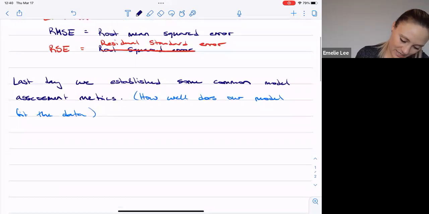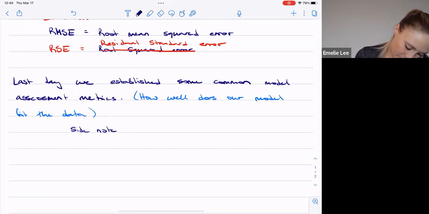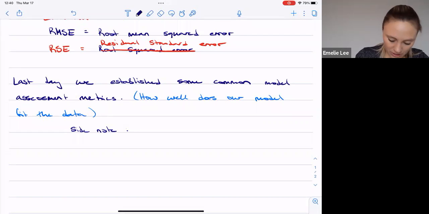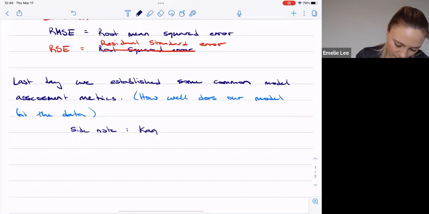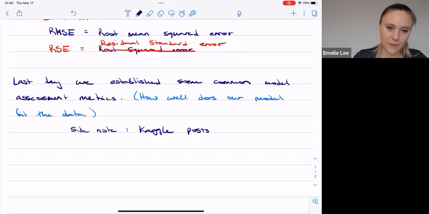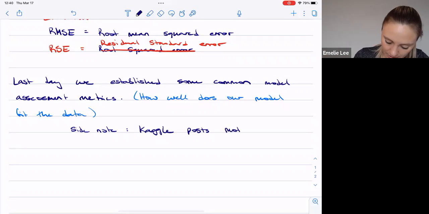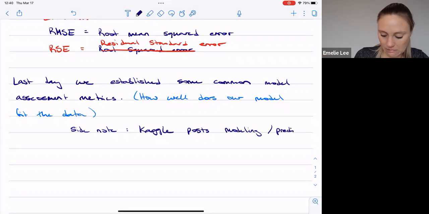Just as a little side note, if you haven't checked out Kaggle, Kaggle posts various modeling and prediction competitions.